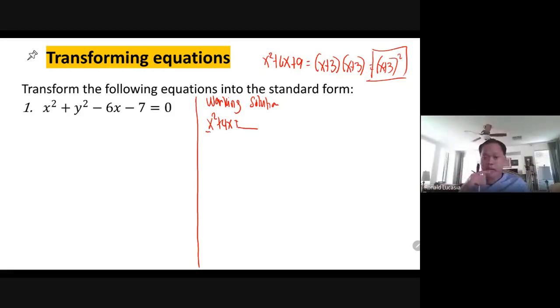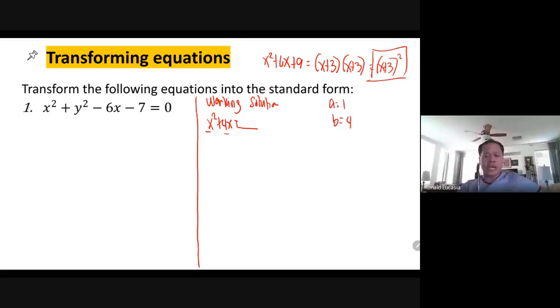The second is to get 1/2 of b, and then that 1/2 will be squared. Our a, by the way, is 1. b is equal to 4.